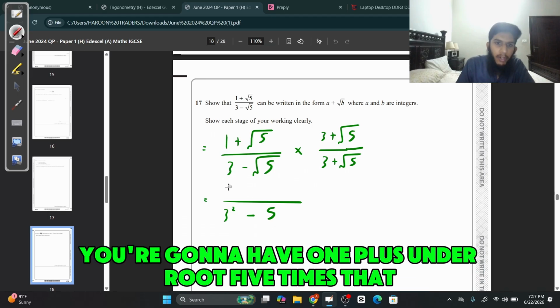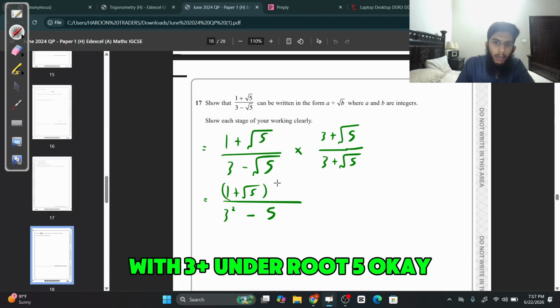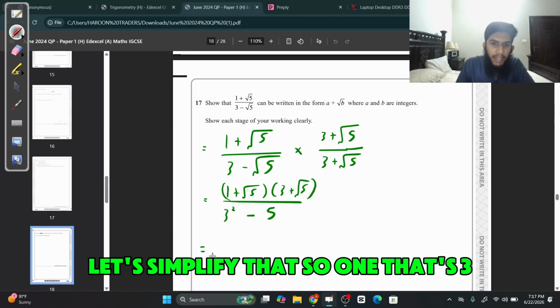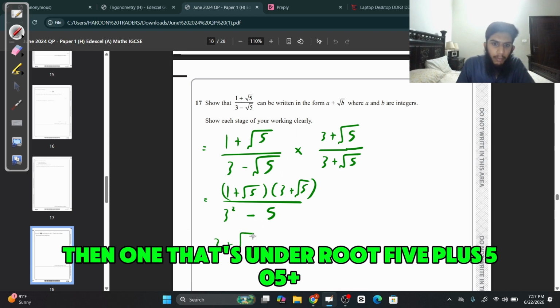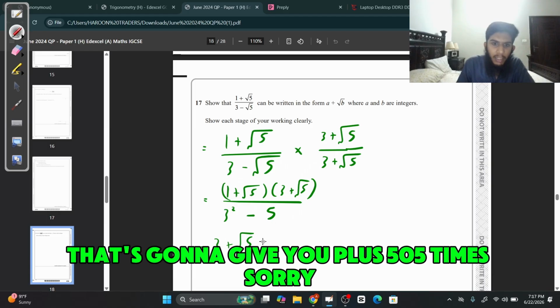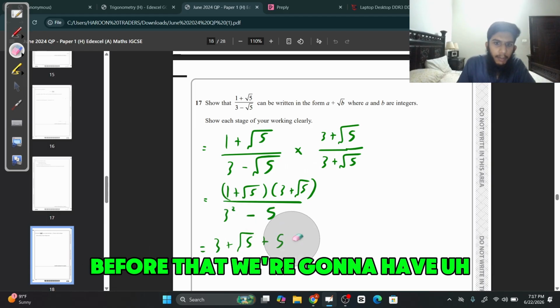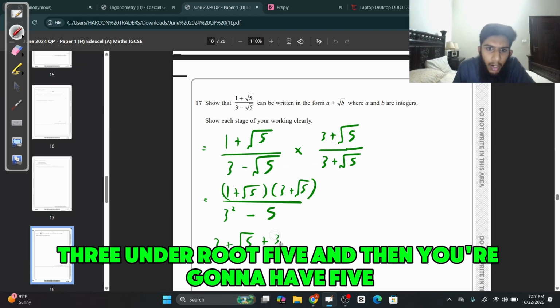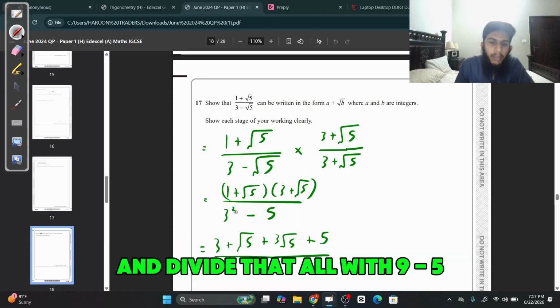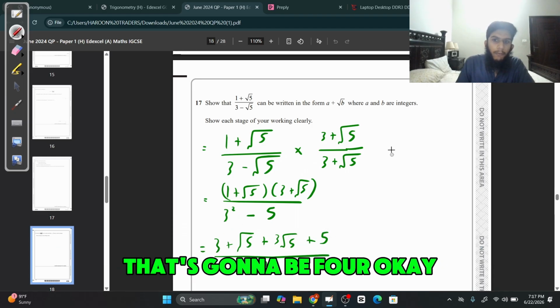And then above, you're going to have 1 plus under root 5 times 3 plus under root 5, okay? Now simplify that. So 1 times 3, that's 3, then 1 times under root 5, plus under root 5, plus under root 5 times under root 5 is going to give you plus 5. So we have 3 under root 5, and then you're going to have 5, and divide that all with 9 minus 5, that's going to be 4, okay?